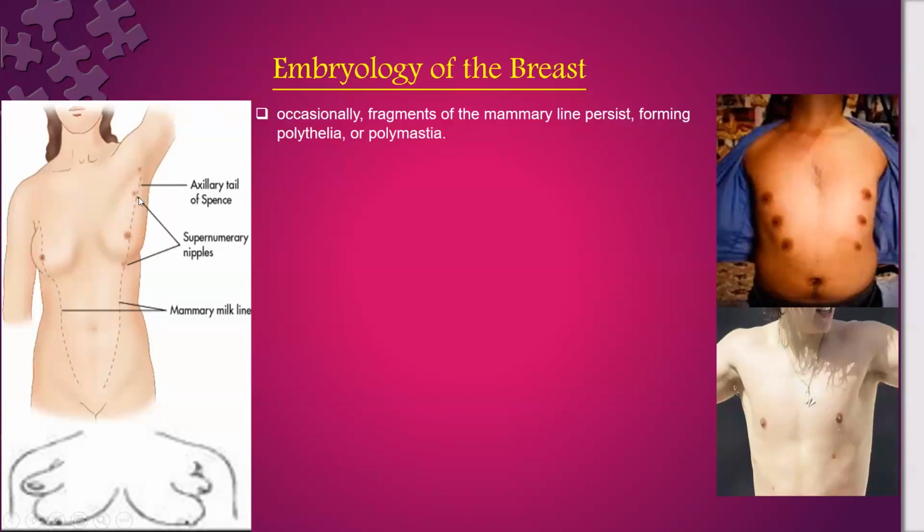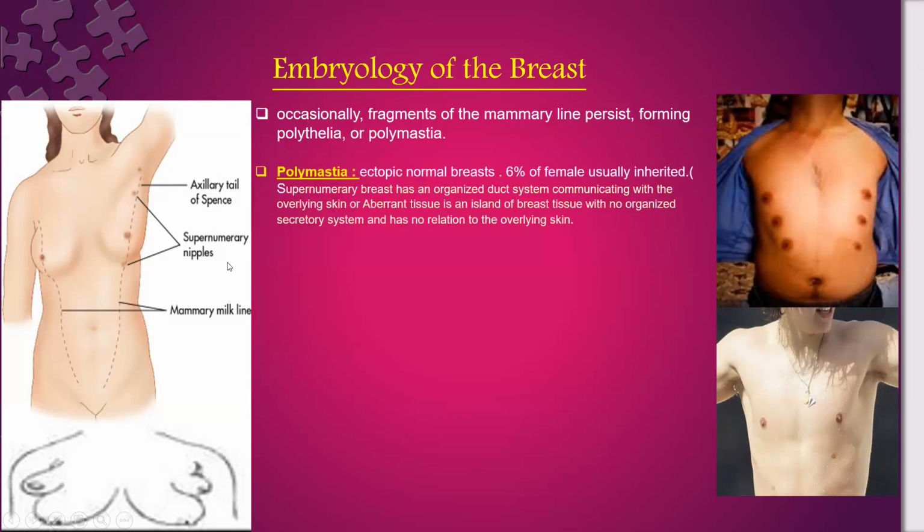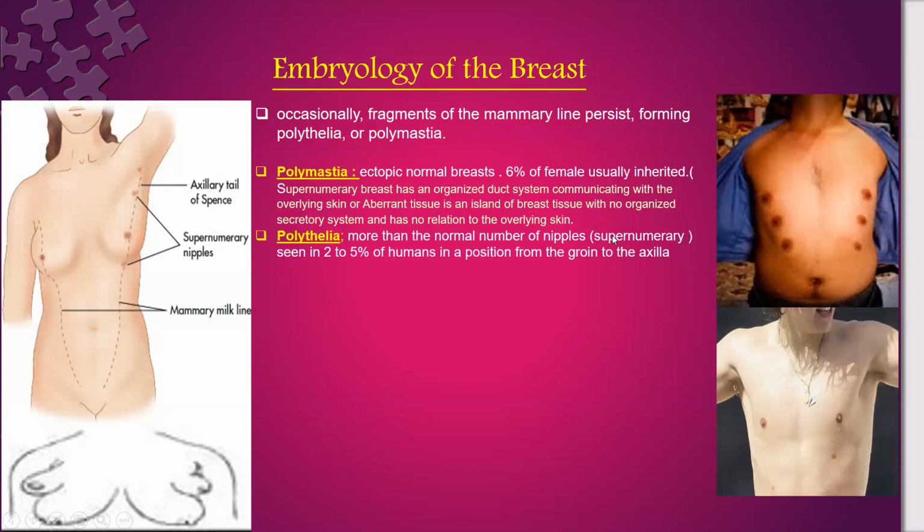If a small area persists and does not resolve or involute, it can develop another area of breast or a nipple, which is called polymastia or polythelia. What is polymastia? That means we have ectopic breast tissue, seen in 1 to 6%, an inherited breast developmental abnormality. And polythelia is a supernumerary nipple.